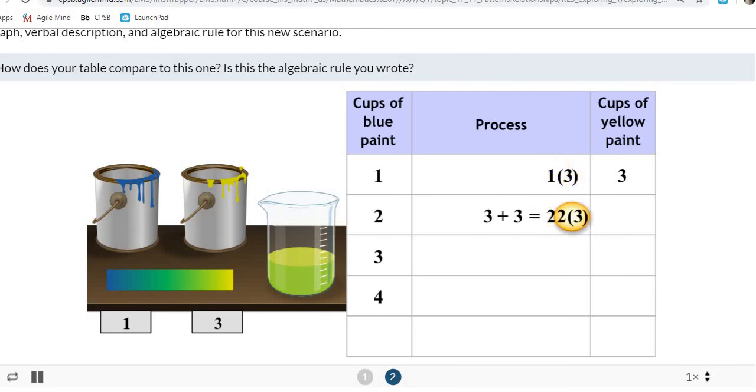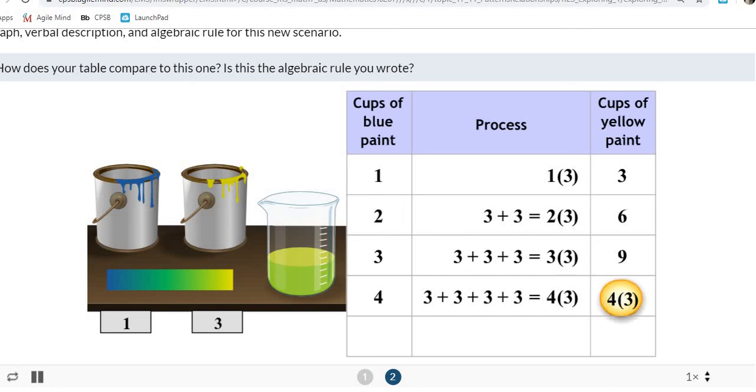Alright, so let's see the verdict. We have our process there, getting our y values, checking your table. Okay, and in an equation, we're letting the cups of blue be x. And we know x times 3, because 3 is what's happening every time, being multiplied by 3.